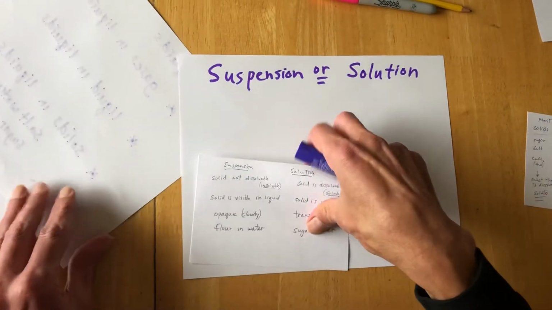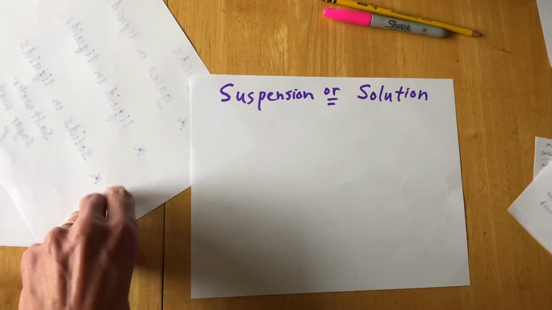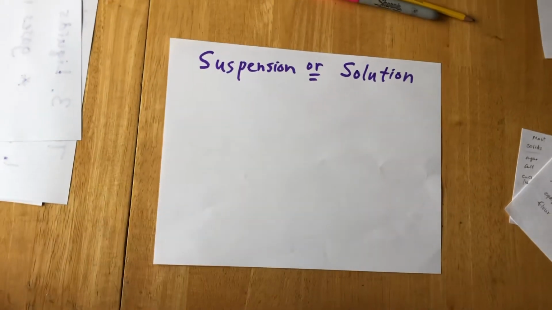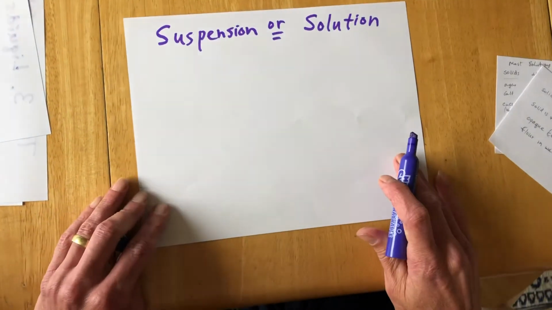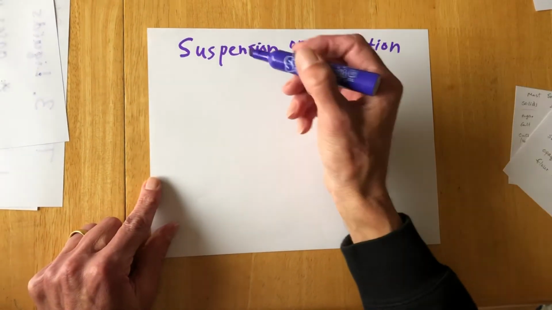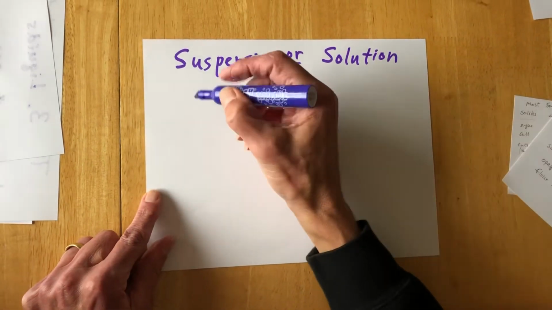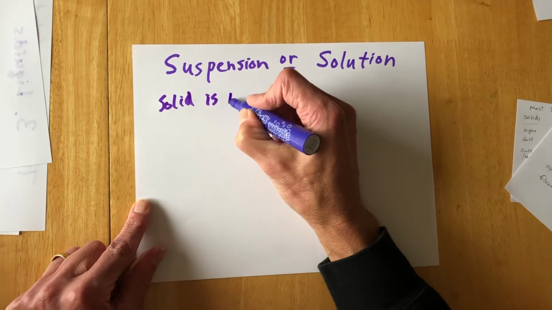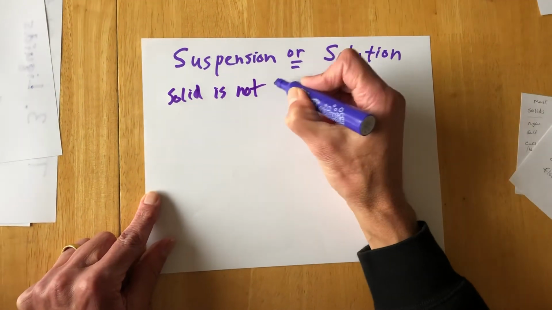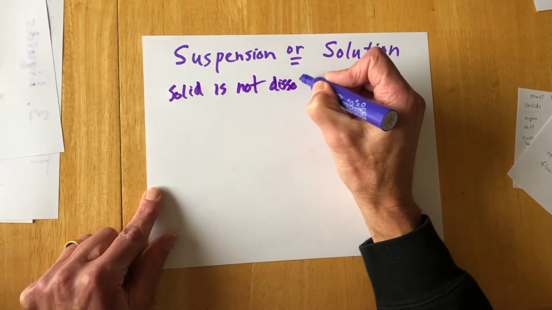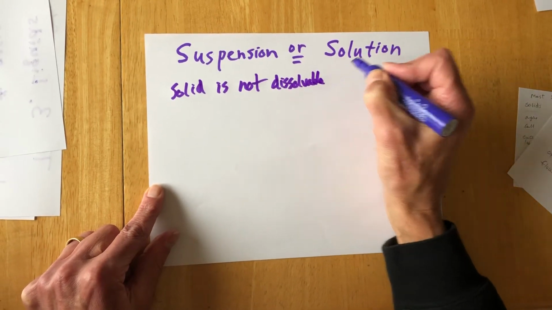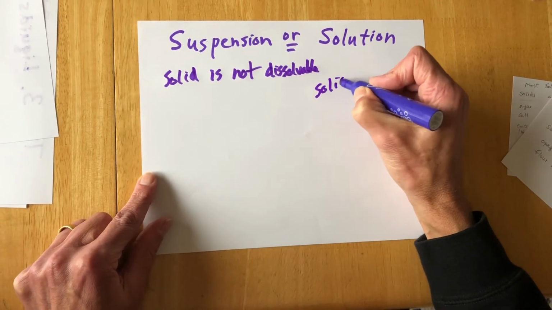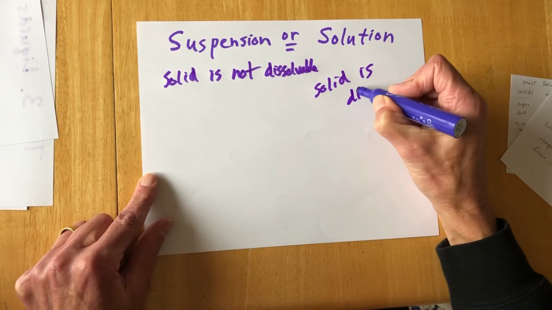The last thing I wanted to address was suspensions. What's the difference between a suspension and a solution? Here are the differences. In a suspension, the solid is not dissolvable. In a solution, the solid is dissolvable.